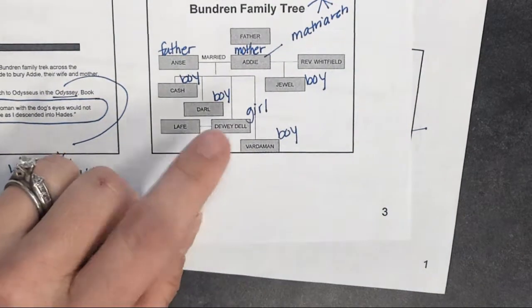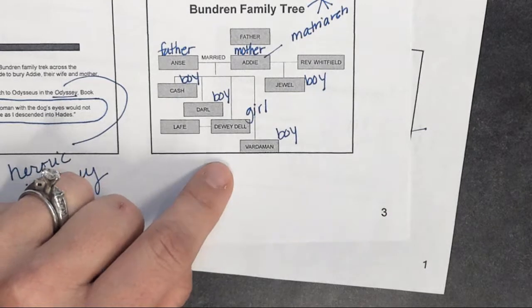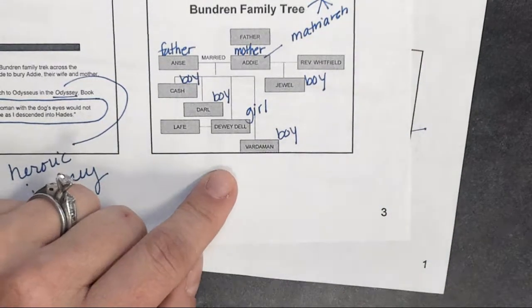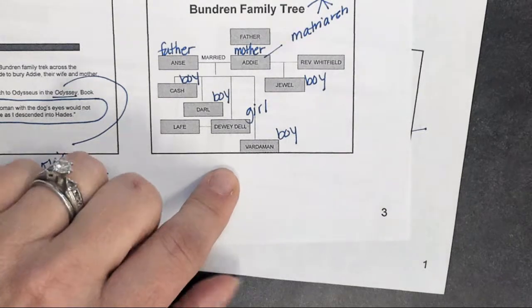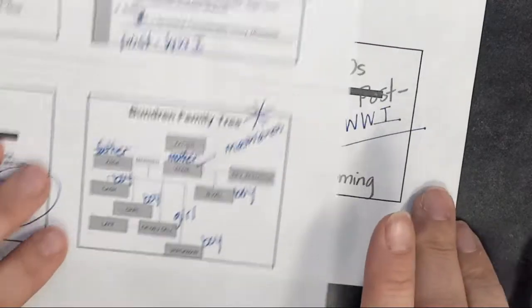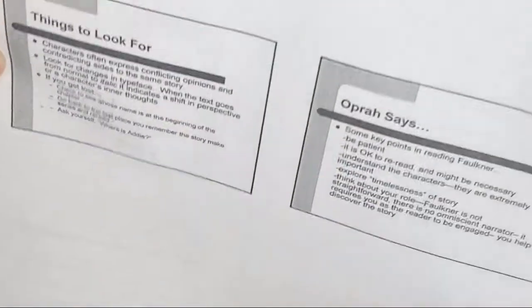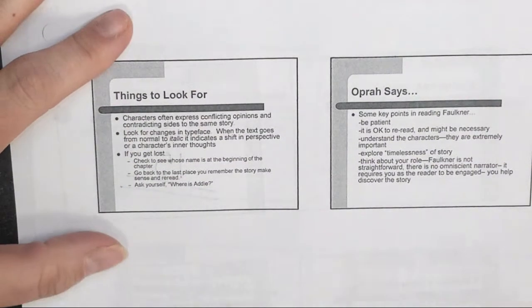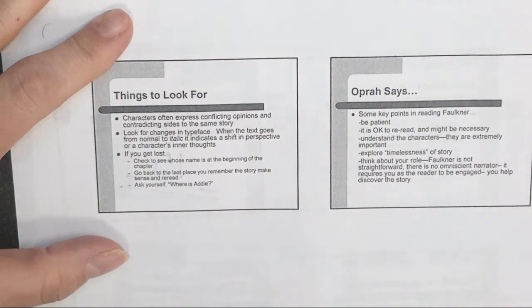Okay. You are going to need to make sure that you remind yourself that you have this family tree in your binder, because at different moments when we're going through the book, you're going to be confused, and you need to have that there to check yourself. Cool? All right. So here's some things to look for when we're reading this together. Characters often express conflicting opinions and contradicting sides to the same story.